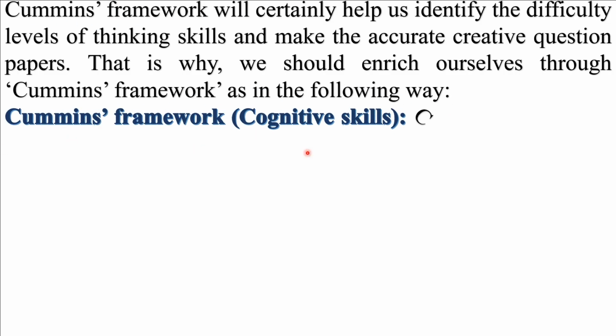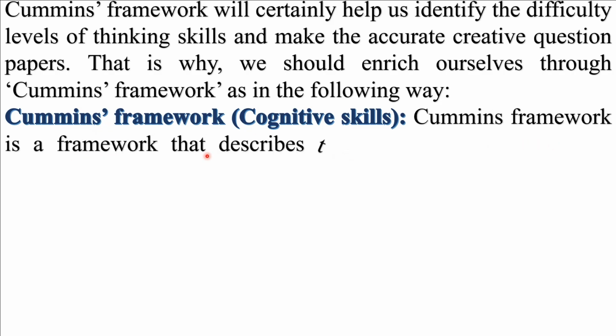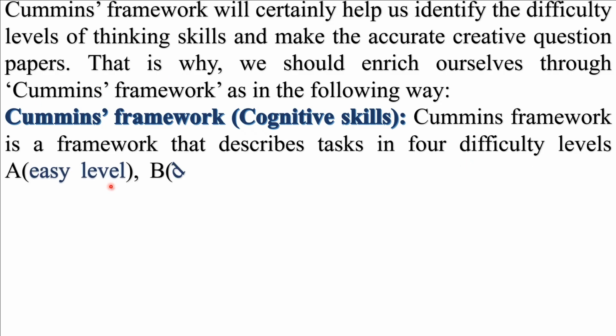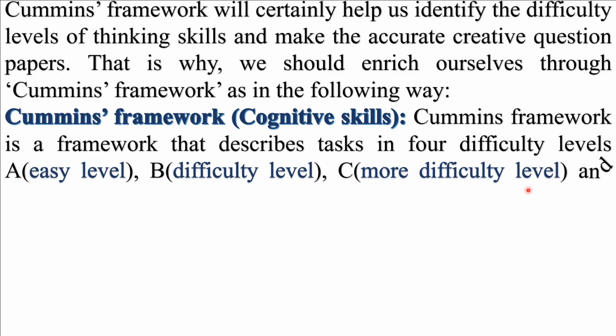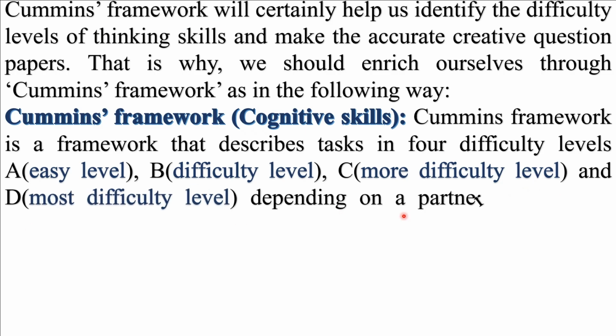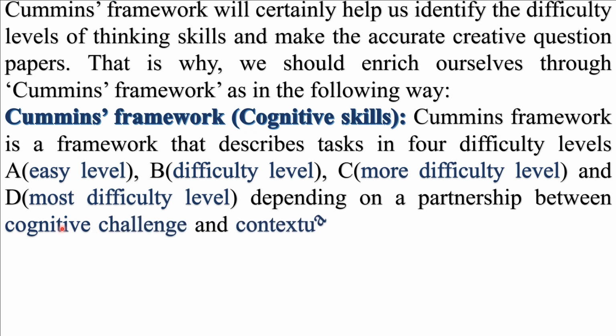Q-means framework, cognitive skills. Q-means framework is a framework that describes tasks in 4 difficulty levels: A, easy level; B, difficulty level; C, more difficulty level; and D, most difficulty level, depending on a partnership between cognitive challenge and contextual support.